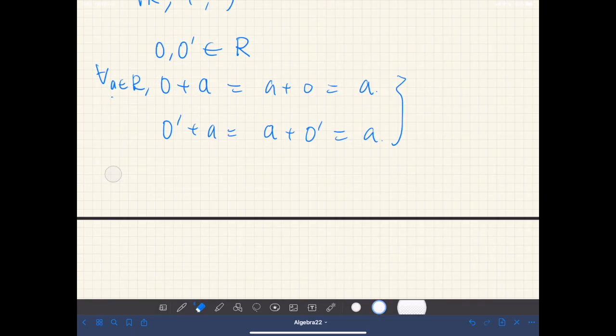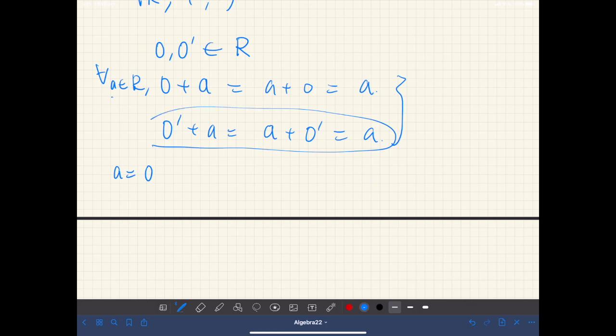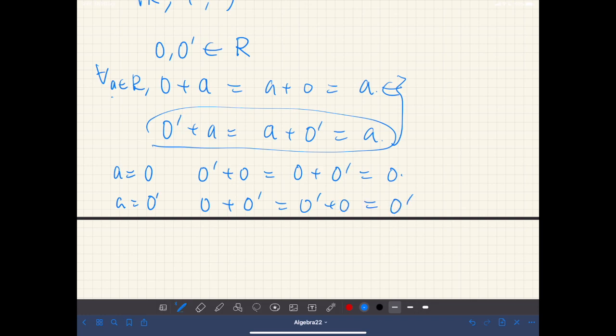So if we set A equal to 0, then apply the second equation, we have 0 prime plus 0 equals 0 plus 0 prime equals 0. And if we put A equal to 0 prime and apply the first equation, we have 0 plus 0 prime equals 0 prime plus 0 equals 0 prime.